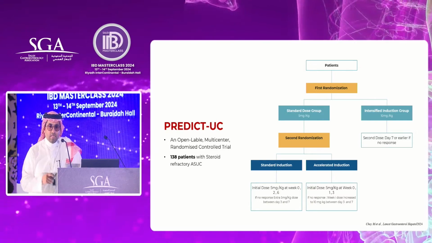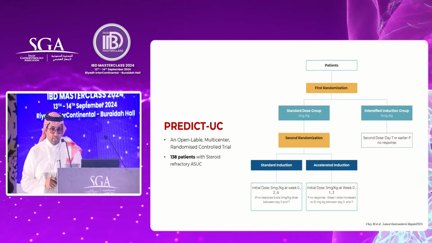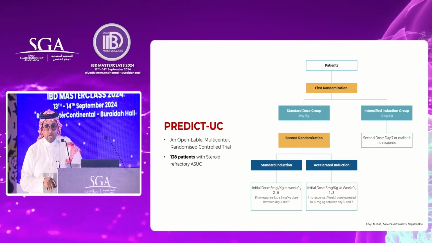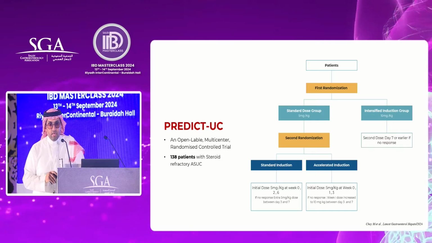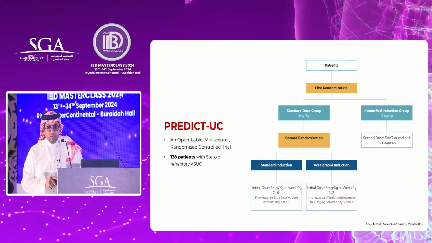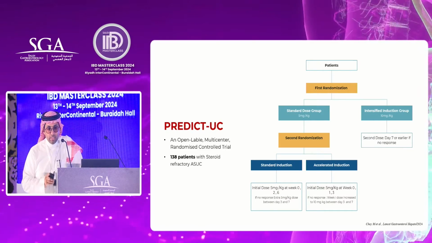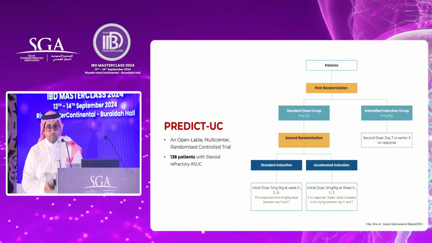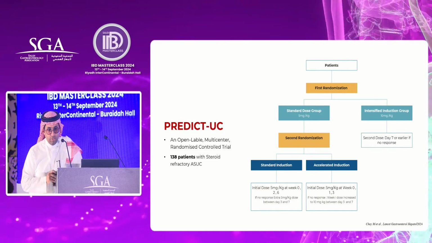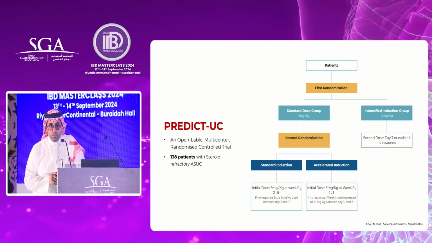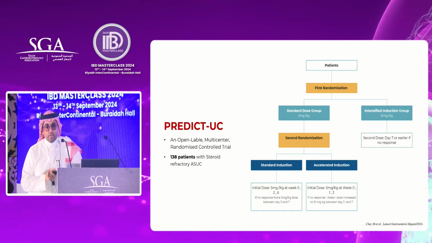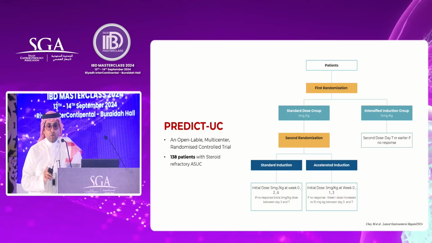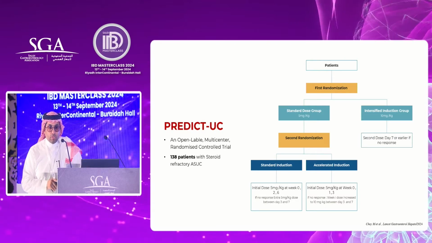Then for the standard group, they do another randomization to standard induction and accelerated induction. In the standard induction, they give 5 milligram at weeks 0 and 6, and if there is no response, they will give another 5 between day 3 to 7. In accelerated induction, they give 5 milligram at 0, 1, 3. If there is no response, they will give 10.